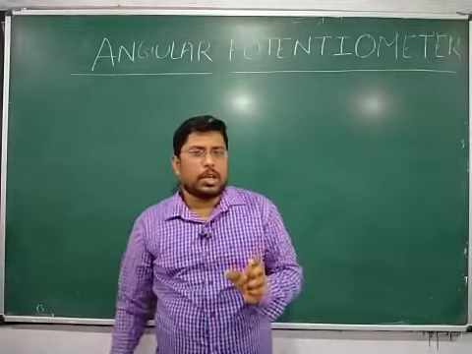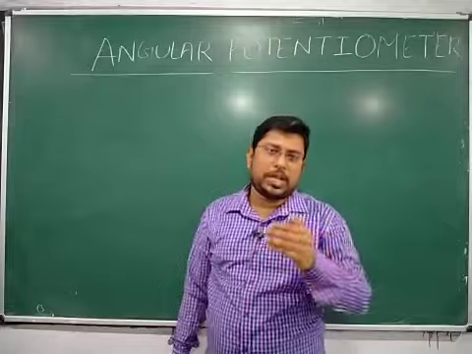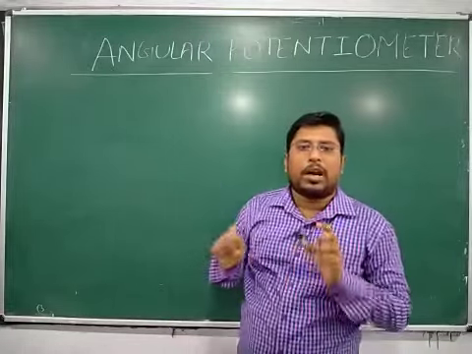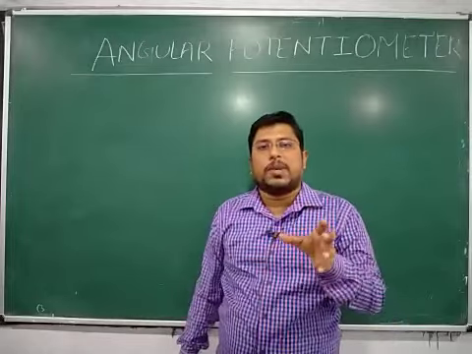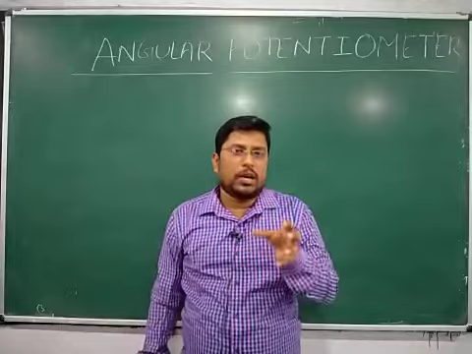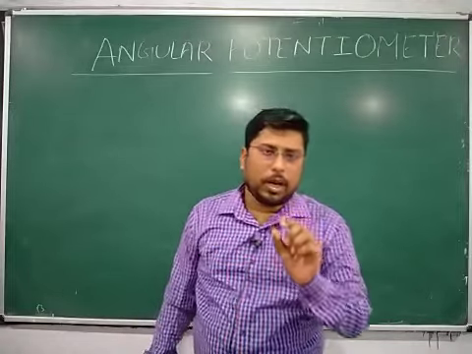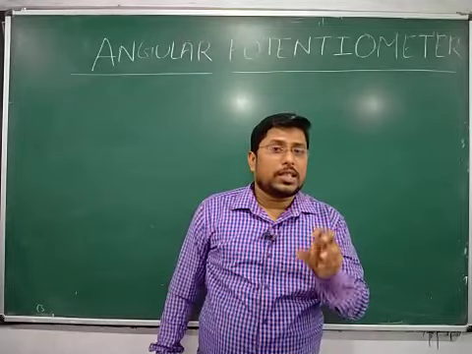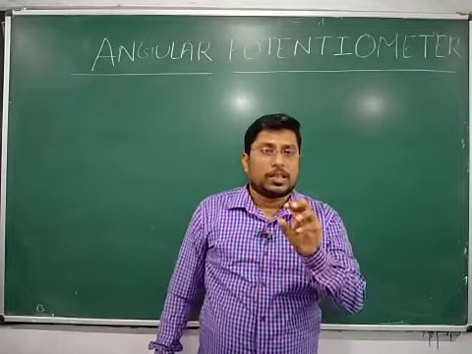In the linear potentiometer, our aim is to find the displacement of the tool or object. In the angular potentiometer, our aim is to find the angular displacement of the object. Means if the shaft is rotating and I want to measure the angular displacement, I have to incorporate the angular potentiometer in the shaft to measure its angular position or angular displacement.